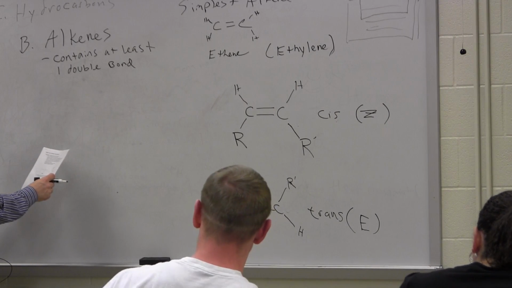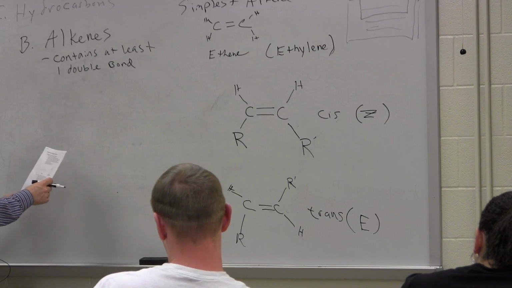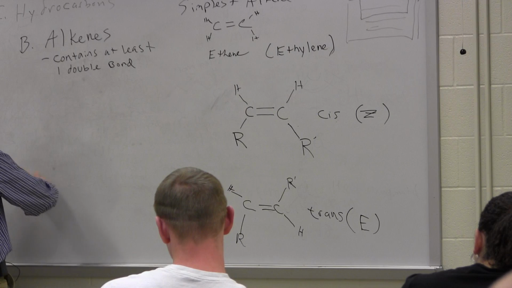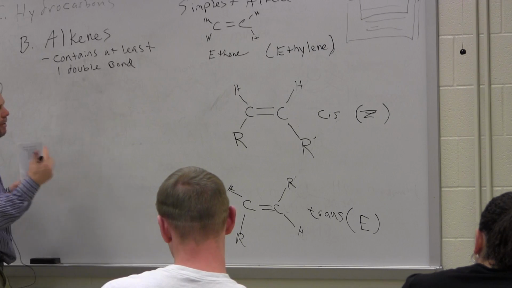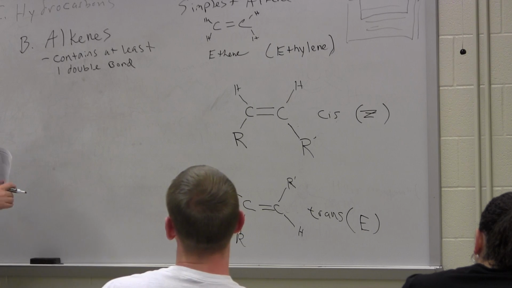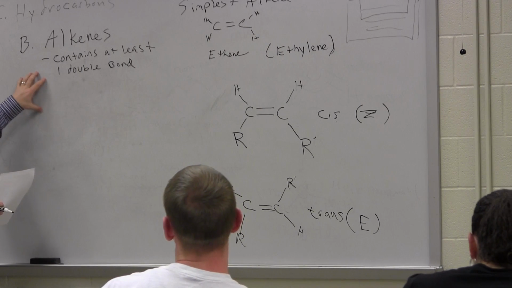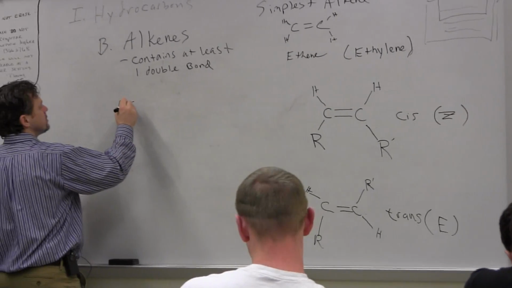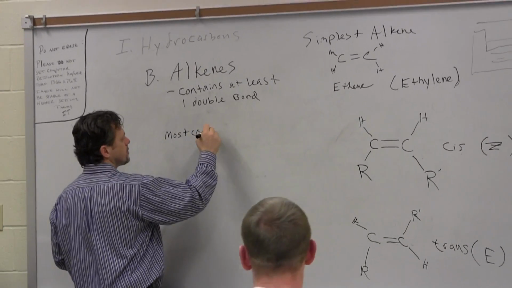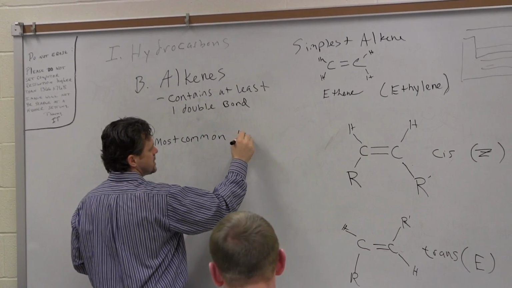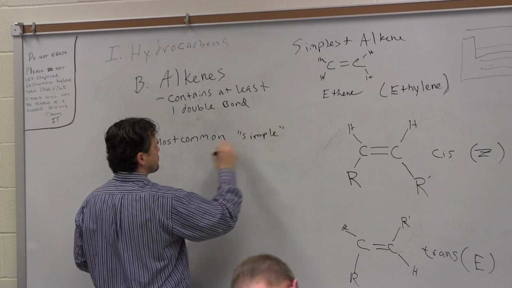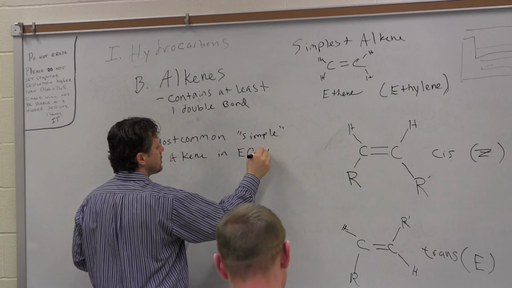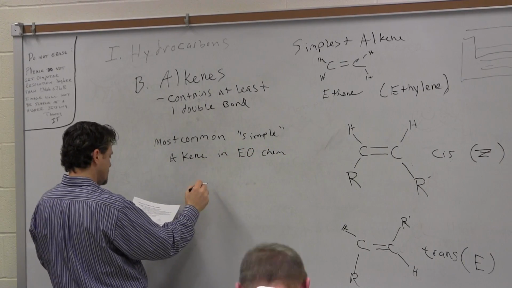Now, the most common simple straight alkene that is not a terpene, because I'm talking about alkenes now that are not terpenes, terpenes being a subclass of alkene, in essential oil chemistry is this product here.